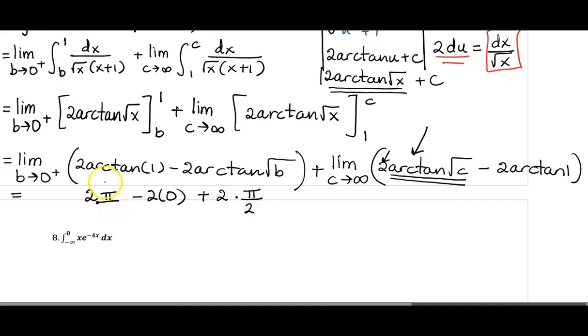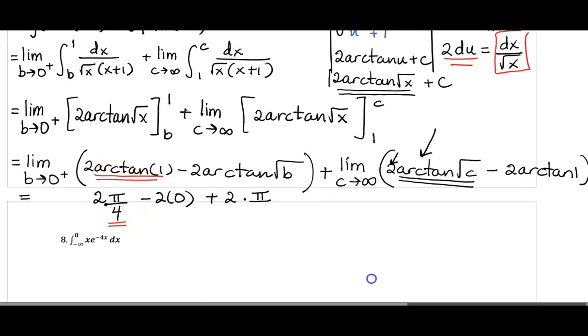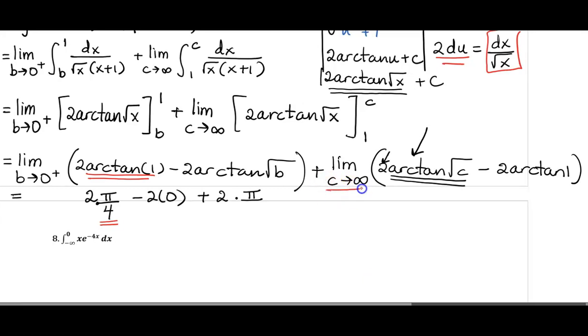I wrote pi over 4 in this first one. That's correct. Over here, be careful. Arctangent of 1 does equal pi over 4. Over here, when you take the limit as c approaches infinity and you apply it to arctan root c, that goes to pi over 2.